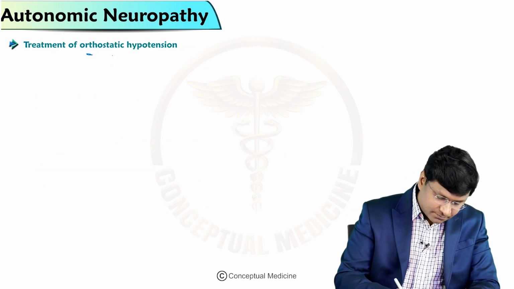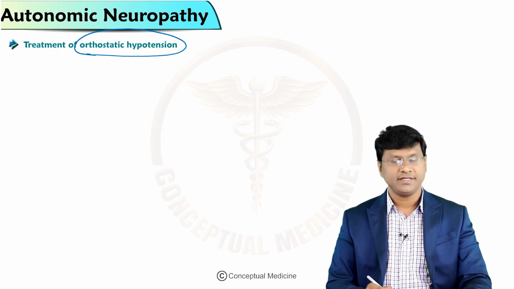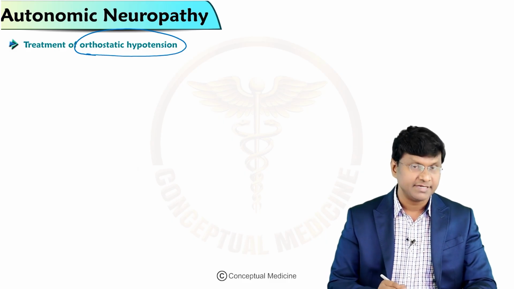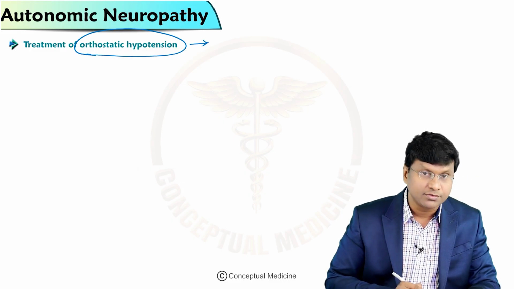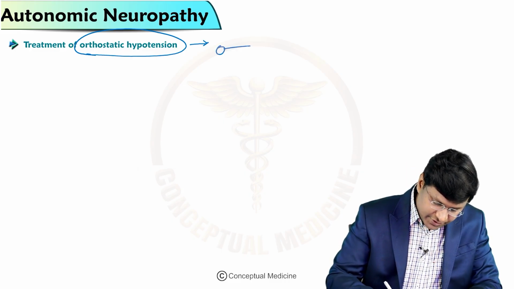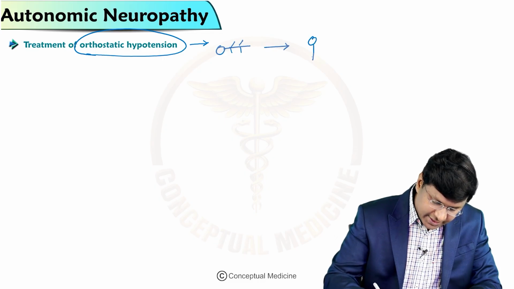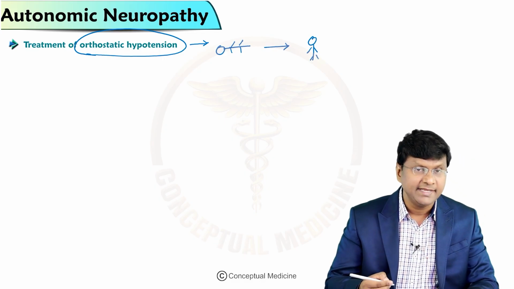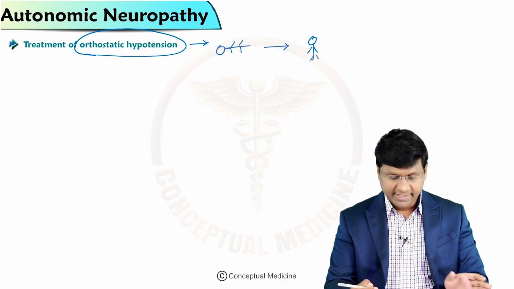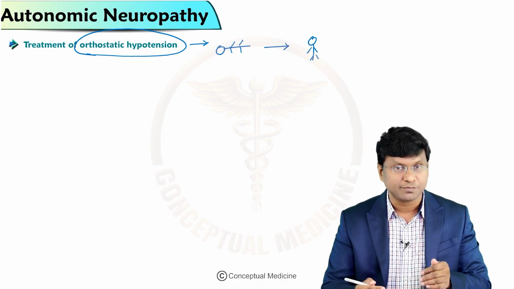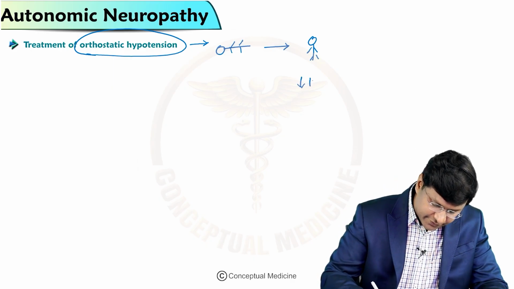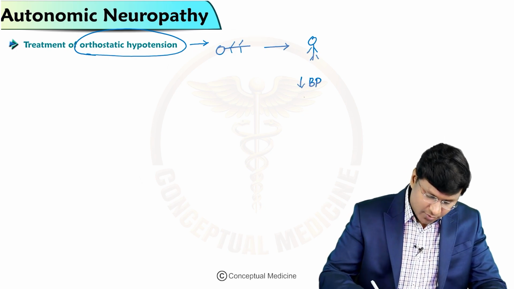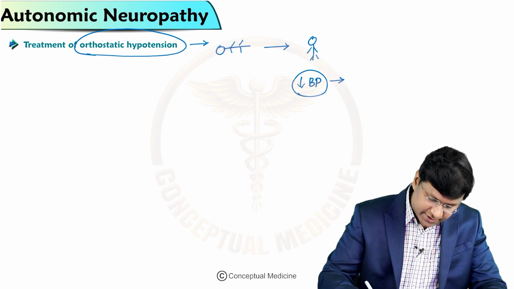And these patients with autonomic neuropathy are associated with the development of orthostatic hypotension. And how do you define this orthostatic hypotension? When the individual changes position from supine to standing, there will be a fall in the blood pressure. And how much will be the fall?